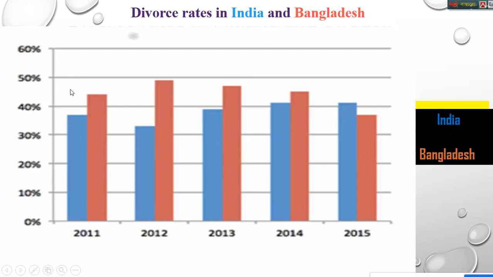So you have to see, the bar chart shows that in 2001, what was the position of Bangladesh in terms of divorce rates in India and Bangladesh, and how it fluctuates, how it increases, how it drops, how it falls, and finally what happens in 2015 from 2011.